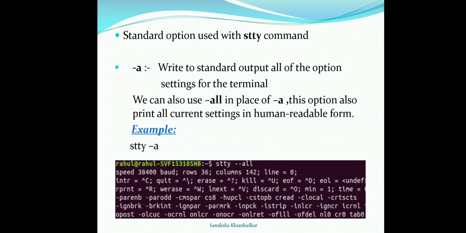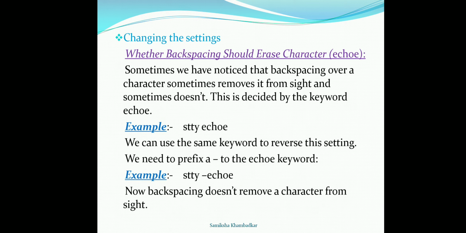Now through the stty command we can also change some of the settings. Here are some examples. For changing settings like whether we should have backspace or not: when we use backspace, the characters are normally erased, but we can choose whether we want this or not.